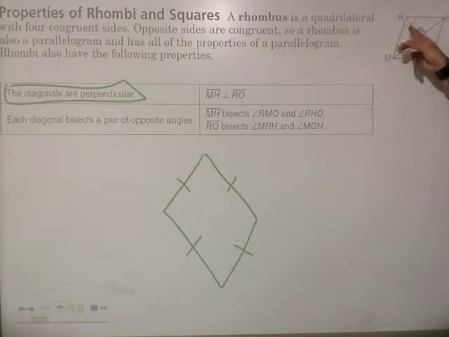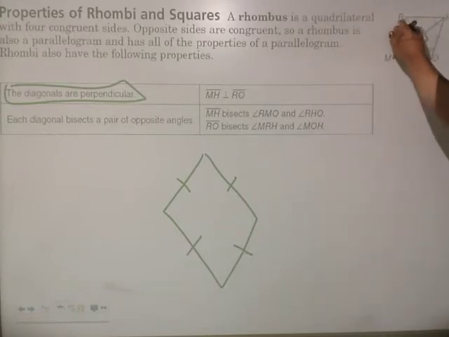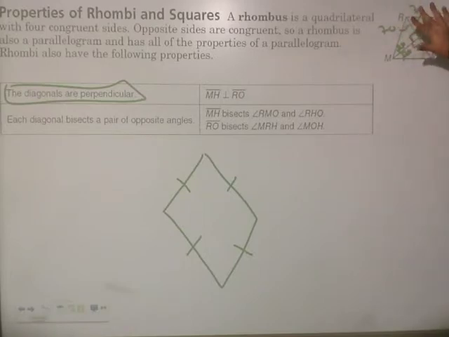So if this is 20, these are 20 here, okay, these could be 70 and 70. They're all going to be split in half at the vertex, at the corner of the rhombus. And that is the second property of rhombuses, or rhombi, is that these vertex angles are bisected. They're cut into two equal parts.